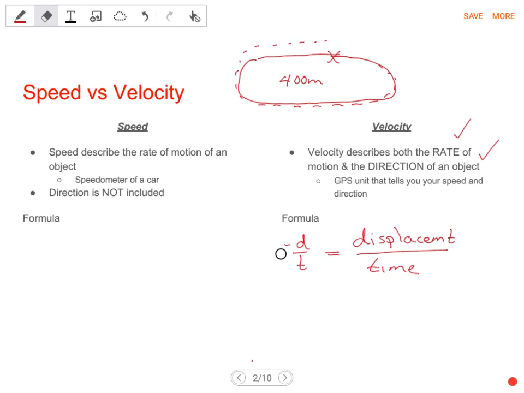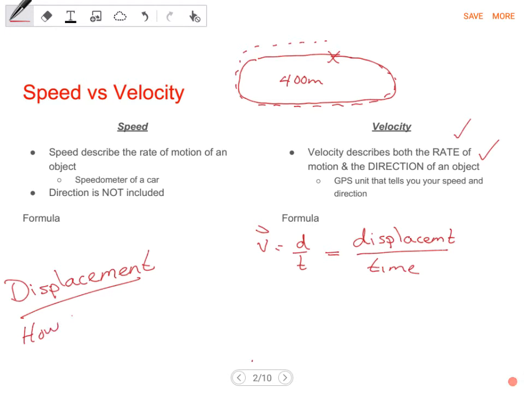But the key word here, everyone, is displacement. And what the heck does displacement mean? Displacement is basically how far from where you started.